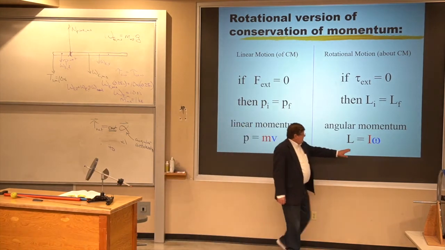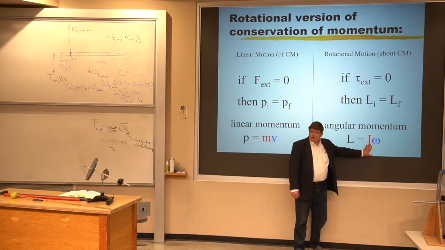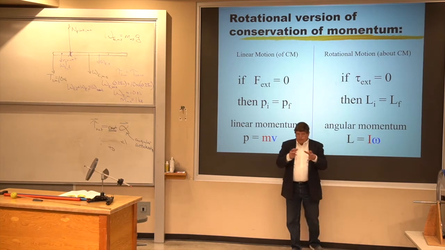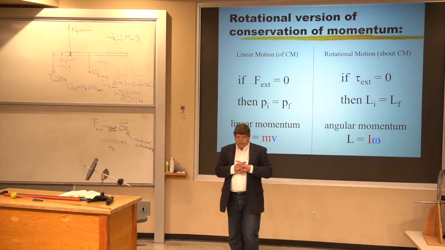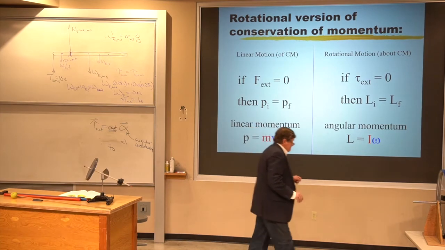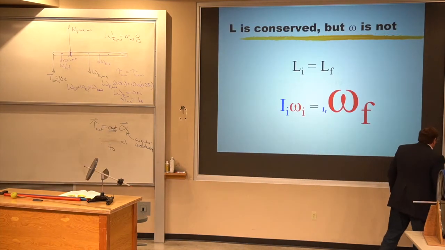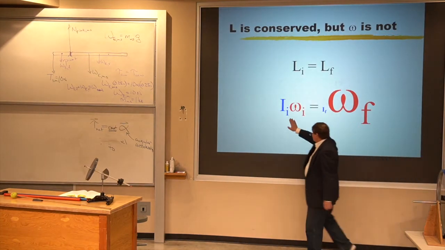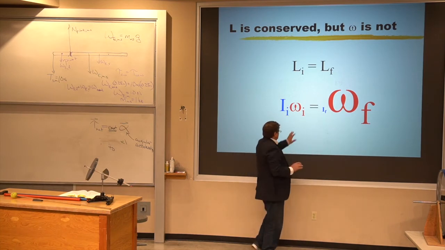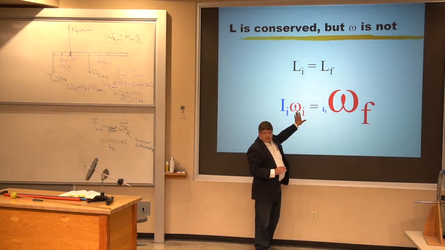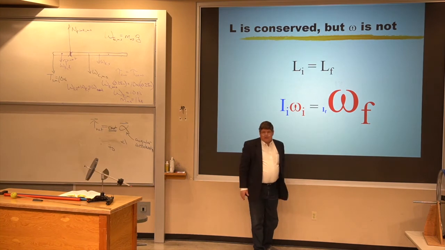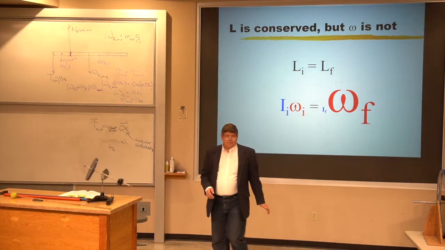But we found that we could change the moment of inertia by putting the mass closer to the axis of rotation. And so when I say that angular momentum is conserved, that doesn't mean that angular velocity is conserved. And you've all seen this during the Winter Olympics.